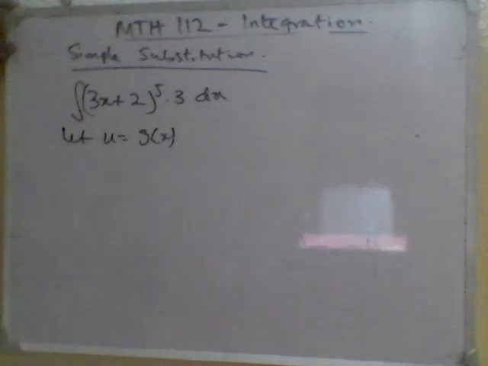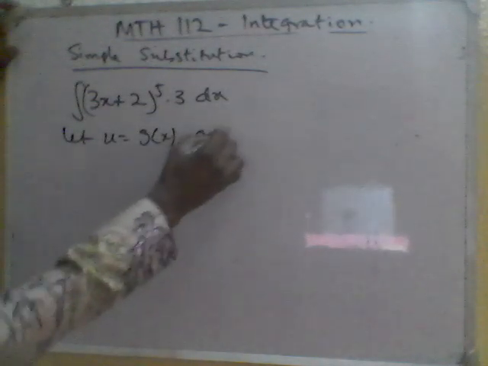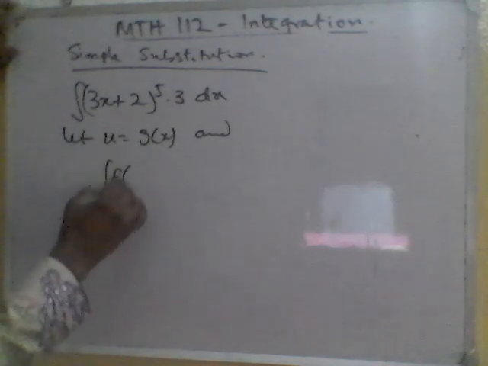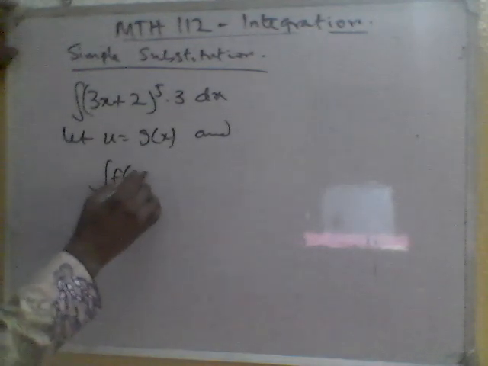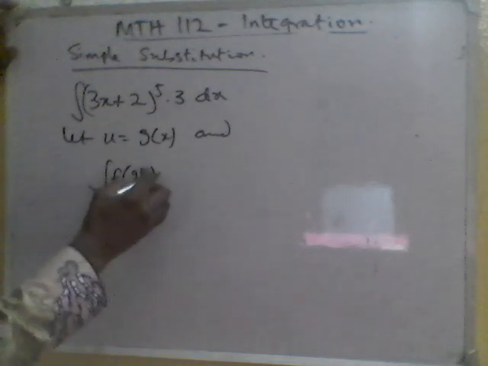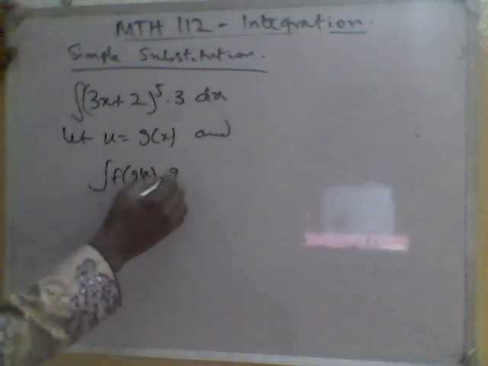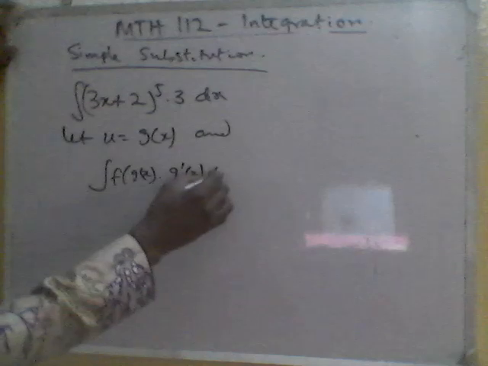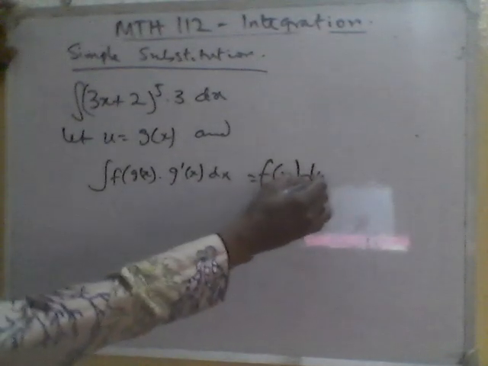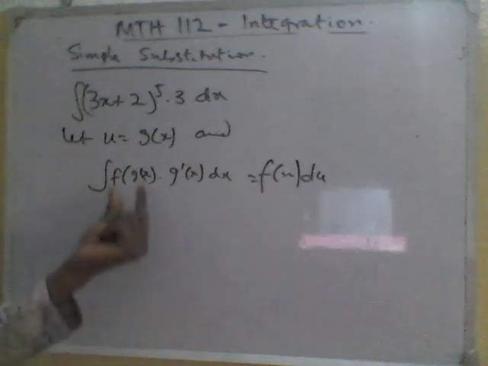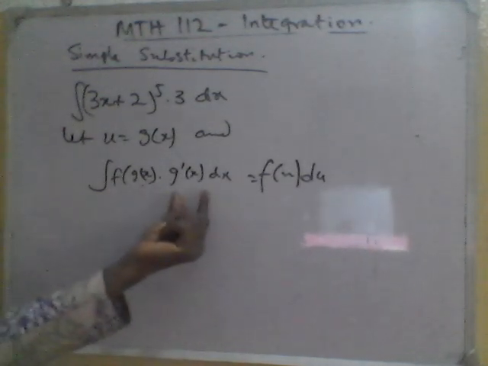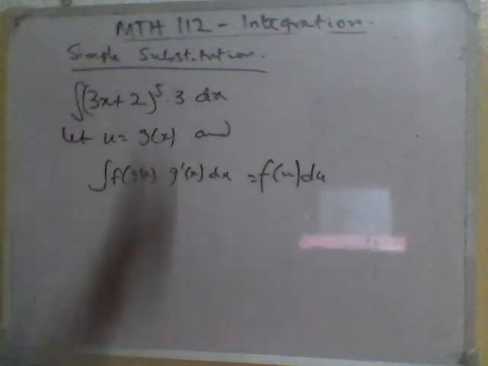If we have the integral of f of g of x, dot g prime of x dx, it is equal to the integral of f of u du. That is, if you differentiate the first function and get the second function, then you can apply this rule.